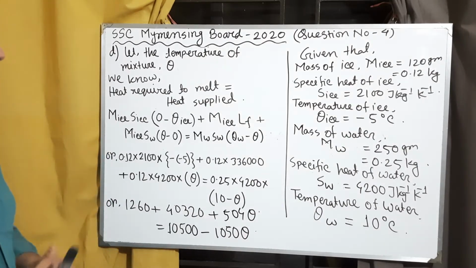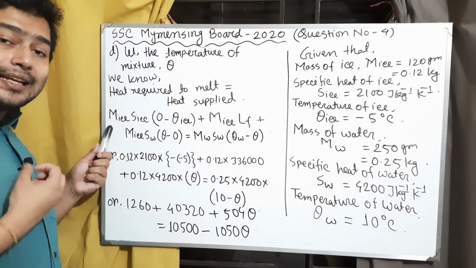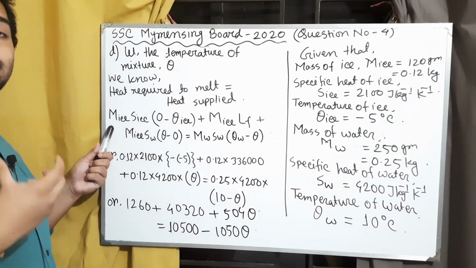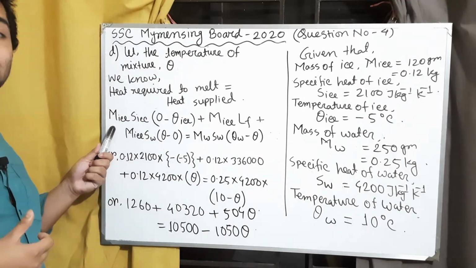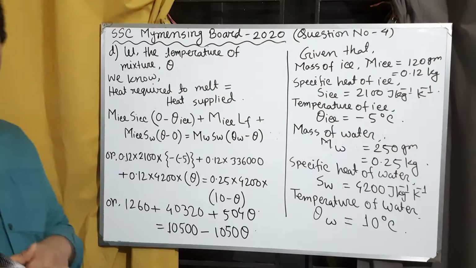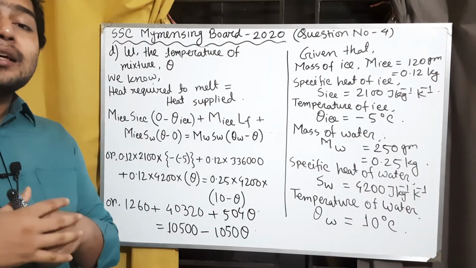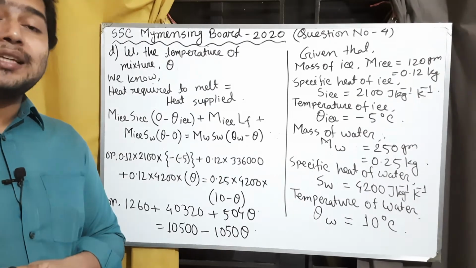Here is the first step, where after gaining heat the ice will first convert to 0 degree Celsius ice. We know that heat gain Q equals m s (theta 2 minus theta 1).